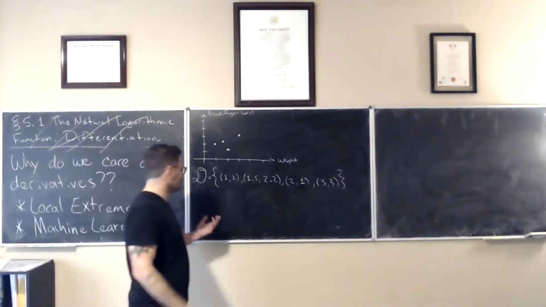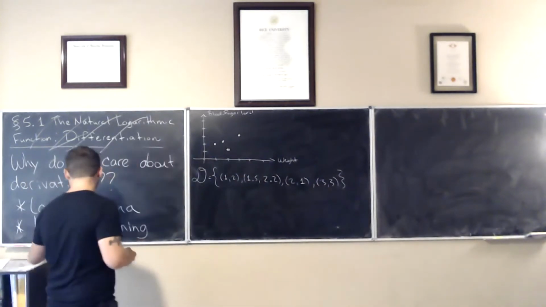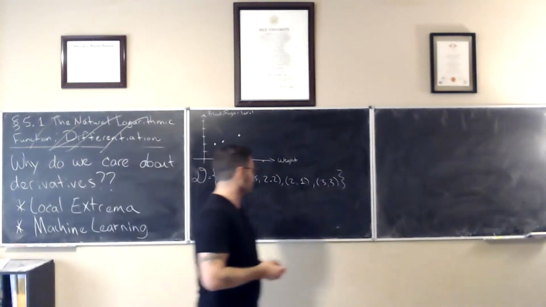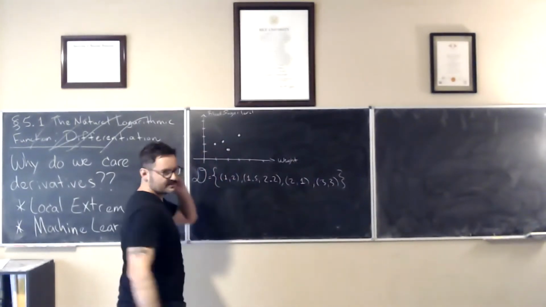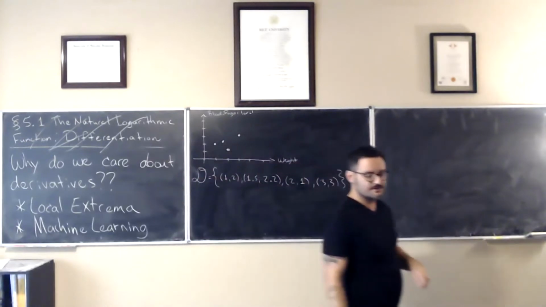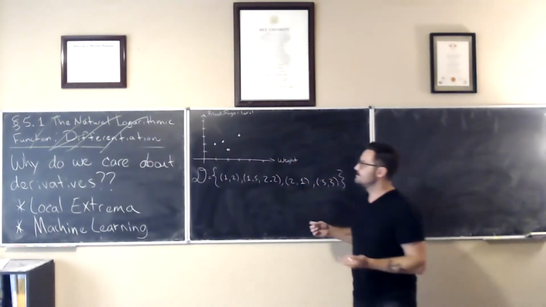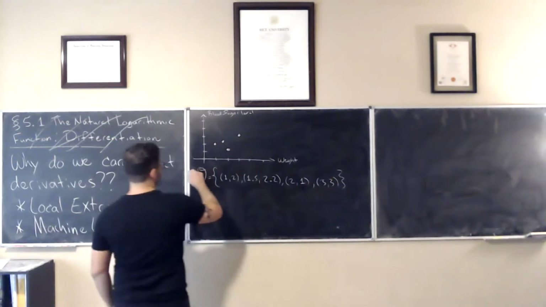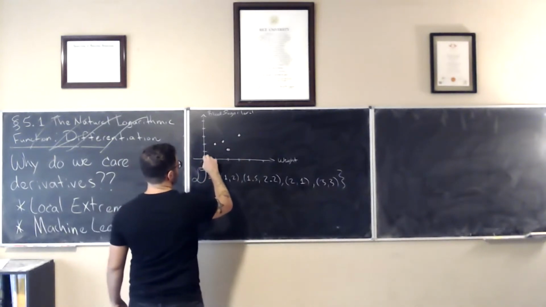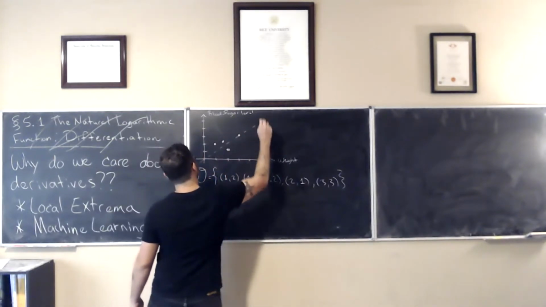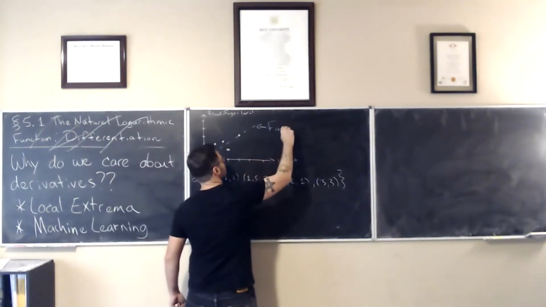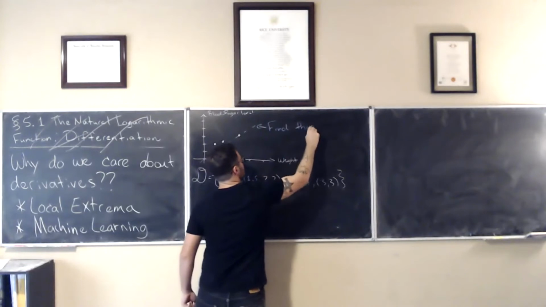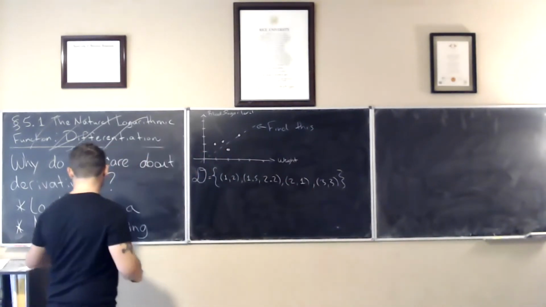So basically what we're going to do is we want to find a line that approximates the data that we have. We want to learn a line that hits this data. We want to find this, right?